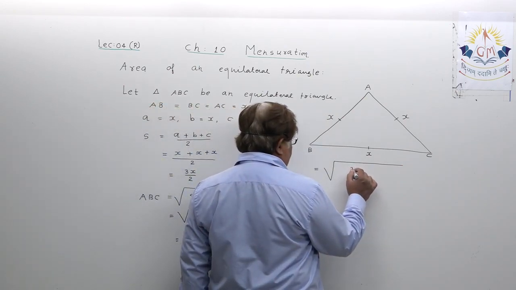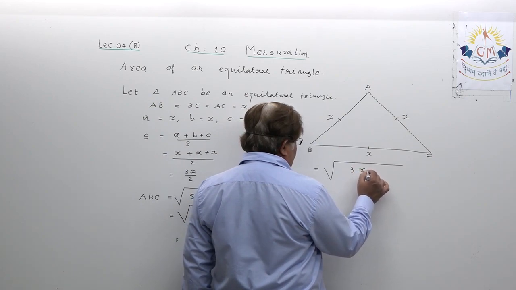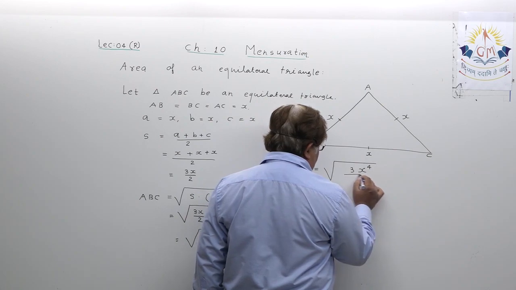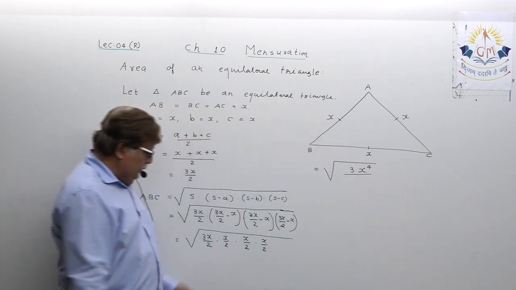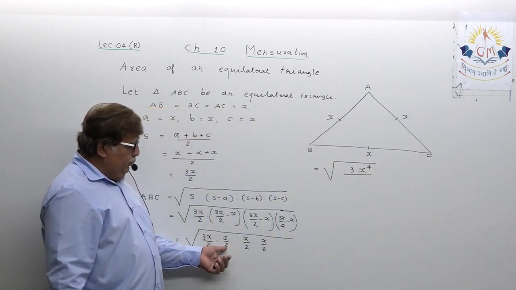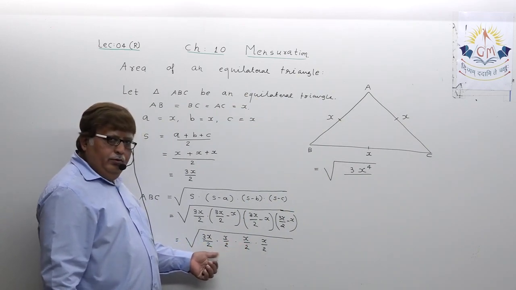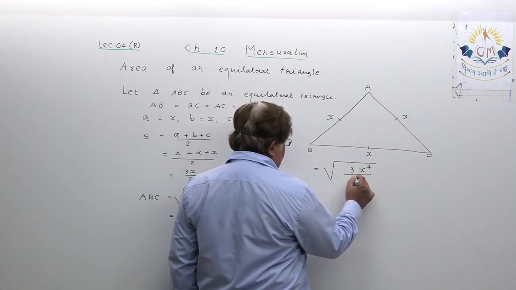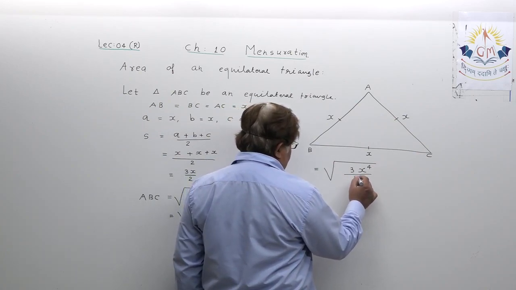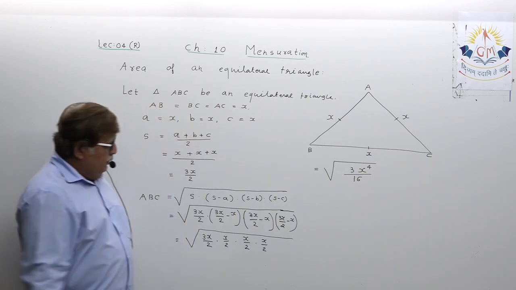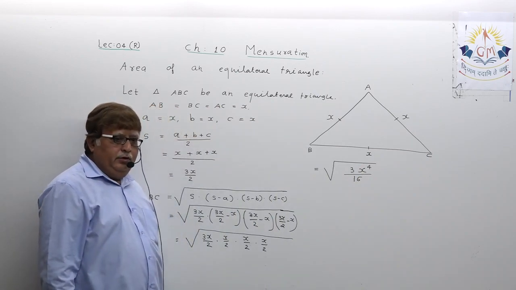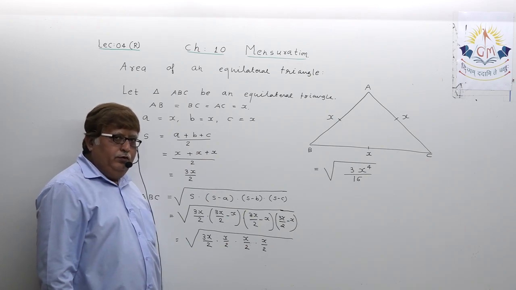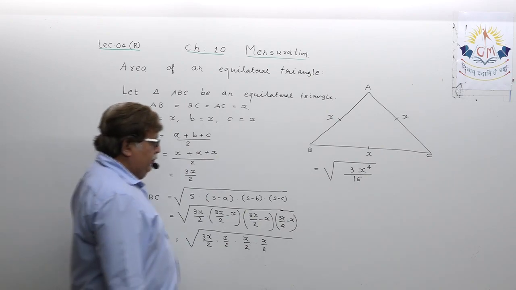Can I write this way? 3x raised to 4, upon 2 into 2 into 2 into 2, if you make the pairs or even if you multiply, it is 16. You understood this? Is the step clear in your mind? 3x raised to 4 upon 16.